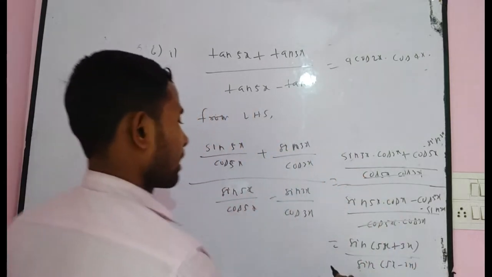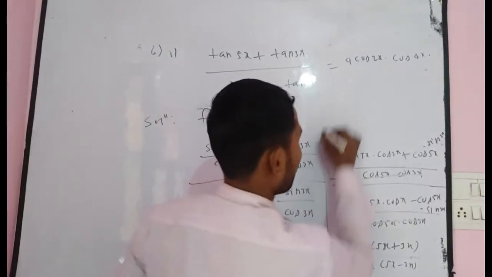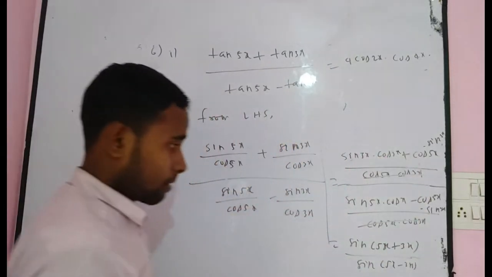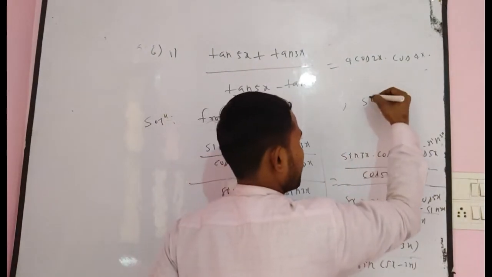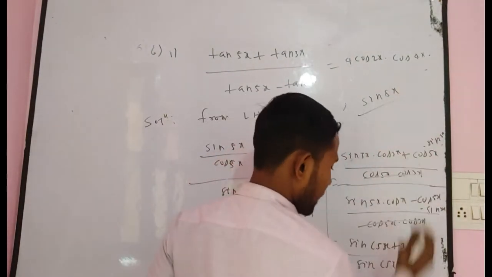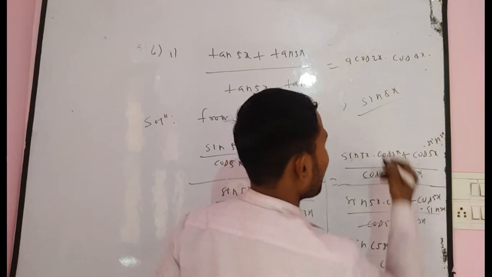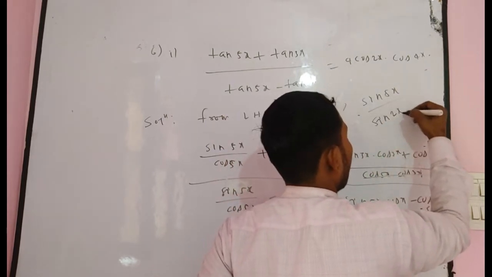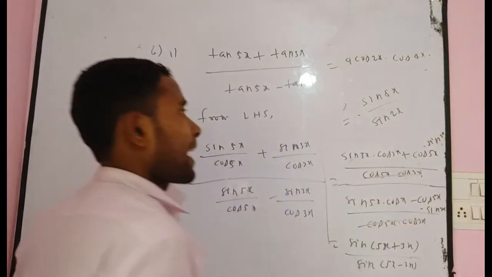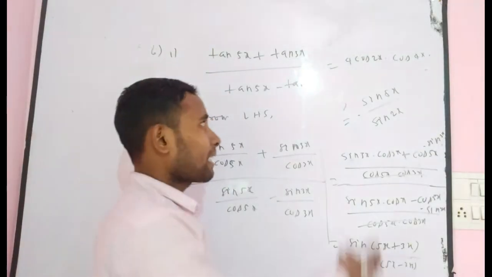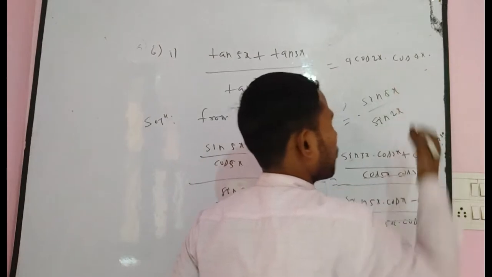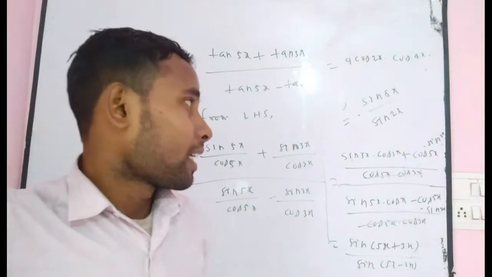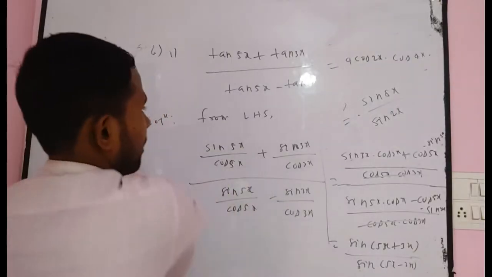So sin (5x plus 3x) equals sin 8x, divided by sin (5x minus 3x), which is sin 2x. What do you get? Sin 8x by sin 2x. But in the RHS it is given 4 cos 2x cos 4x. Now you have to reach this expression.